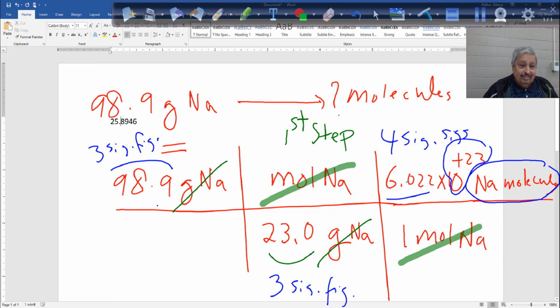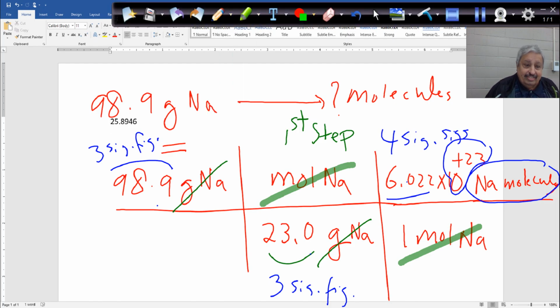So the answer is 25 point. I need 3 sig figs, correct? So now I have 8, correct? And after 8 is what? 9. So the 8 rounds up to 9. Is this the answer?